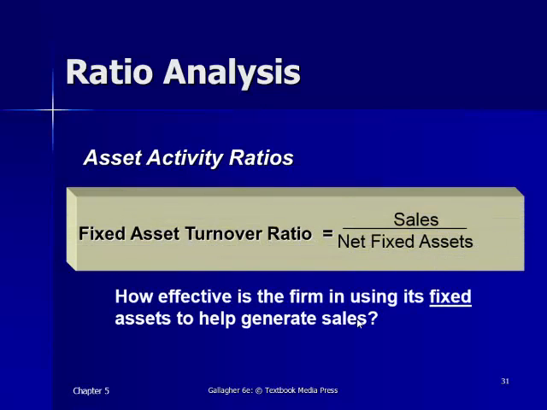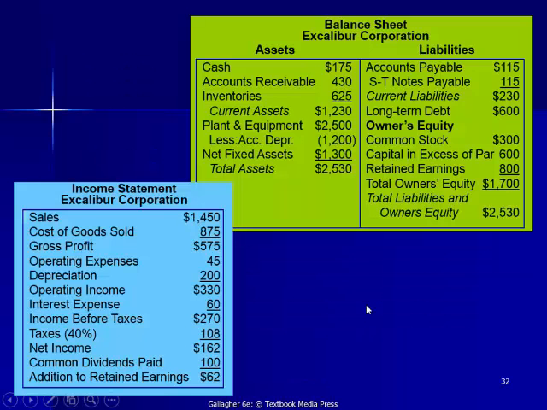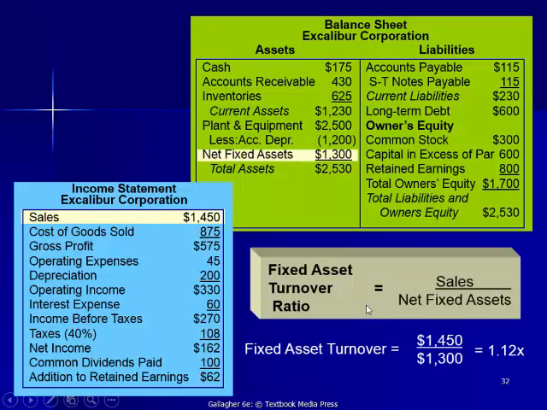This is a more general ratio. We're looking at the fixed asset turnover ratio. We can see that this company is converting its net fixed assets into sales 1.12 times per year. This is a measure of how wise we are in purchasing the kinds of fixed assets that we have.